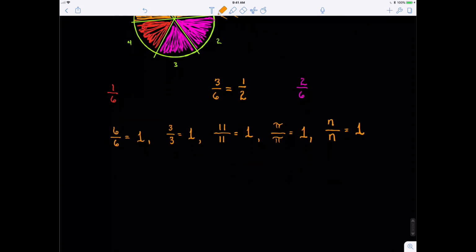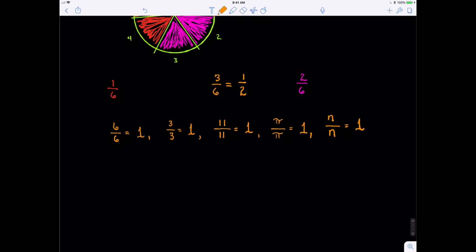Let's do this. If I take the number 1 and I multiply it by something like 3, what do I get? Well, the answer is very clear. I get 3. What if I take 1 and I multiply it by something smaller like 2? What happens now? Well, I get 2. And I can continue this.